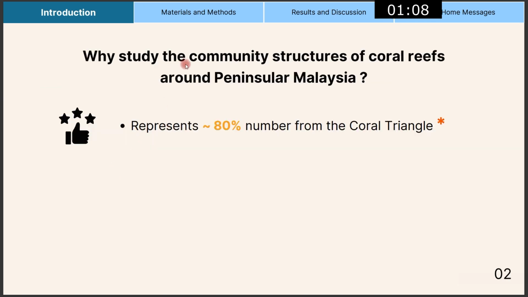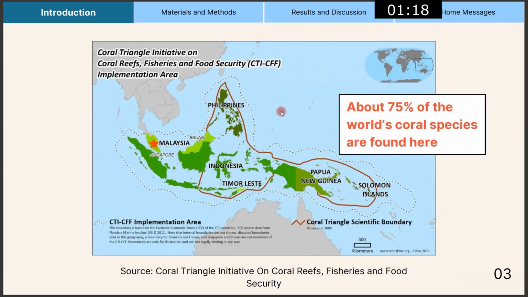So why should we study the community structures of coral reefs around Peninsular Malaysia? It's because it represents about 80% of the coral triangle. So why is the coral triangle important? Because about 75% of the world's coral species are found in the coral triangle.